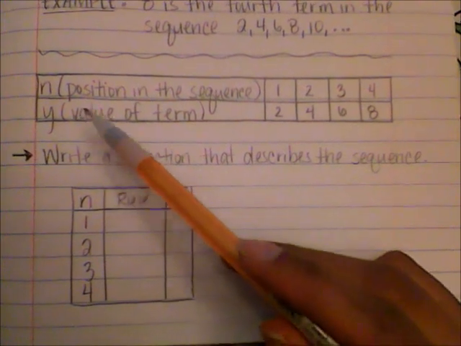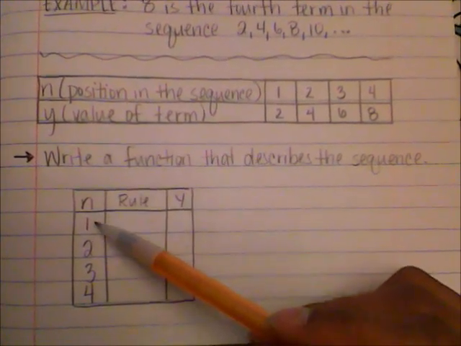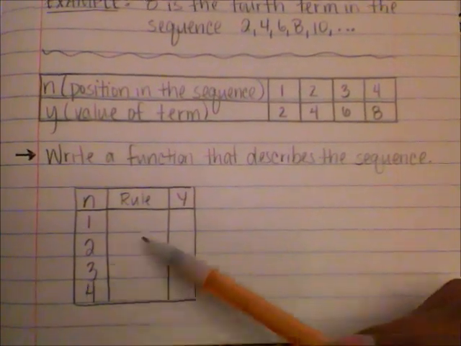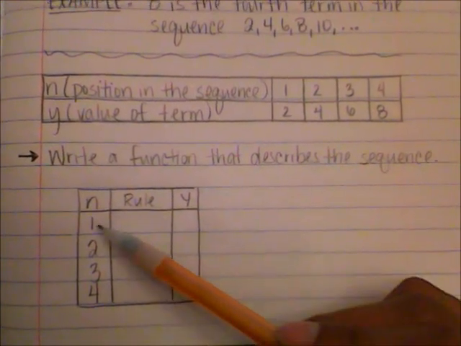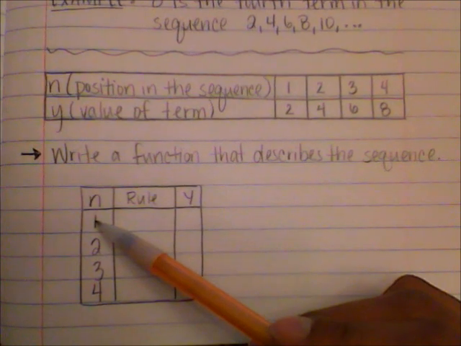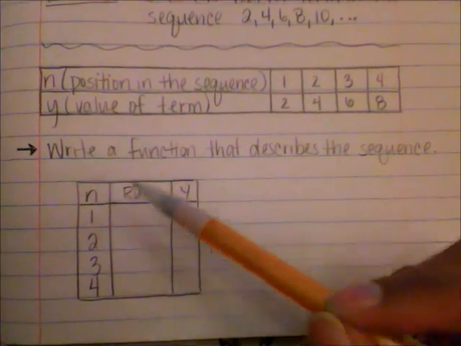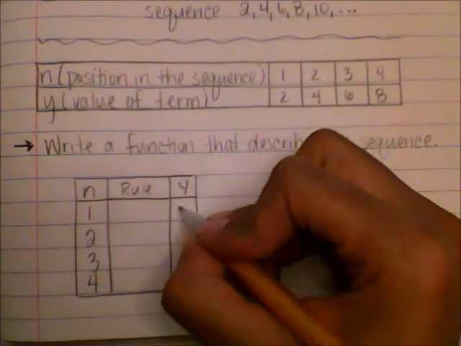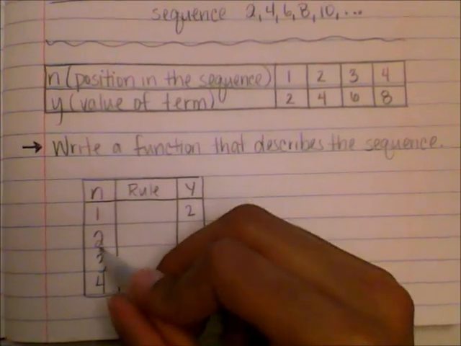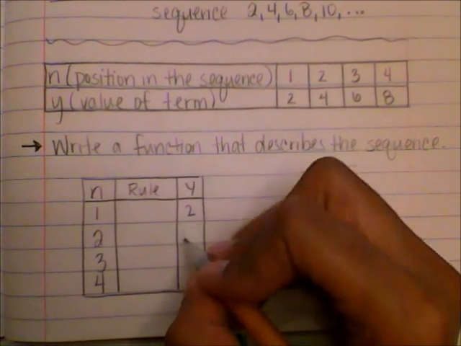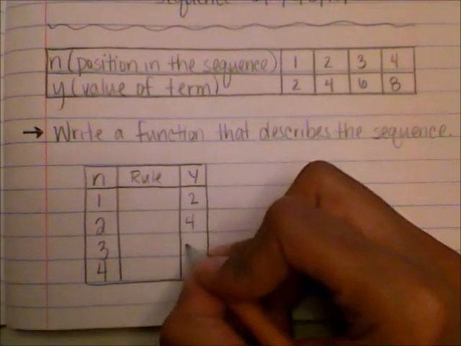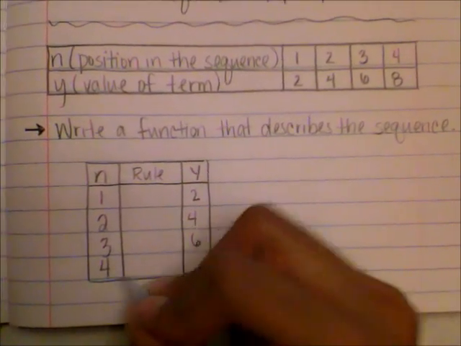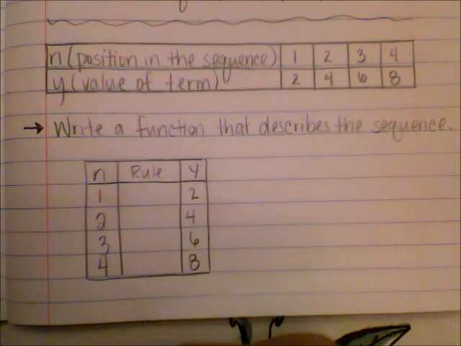Alright? n still represents the position in the sequence, so 1, 2, 3, 4. And y represents the value of that term. So the first position, the value of that term was 2. The second position, the value was 4. The third position, the value was 6. In the fourth position, the value was 8.